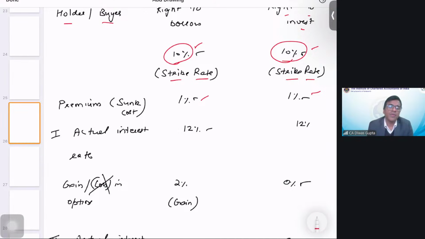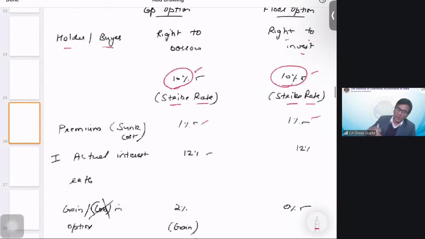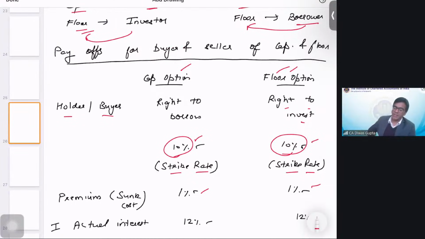Let's say the actual interest rate is 12%. That's the first case. Now, without getting into the discussion, tell me, for the cap option where there is a right to borrow at 10% and the market interest rate is 12%, tell me whether there is a gain or loss to the holder or the buyer because of this option.